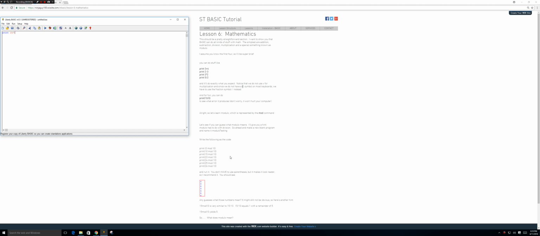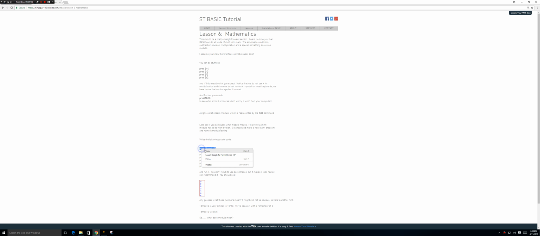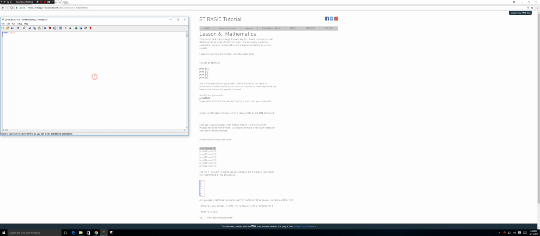Alright, next up, this is a special thing that we're going to learn. There's something called the modulo. And basically with BASIC, no pun intended, you're going to use this command. Alright, so what's happening is we're printing 0 mod 10. And let's see what we get out of that. 0. Okay.